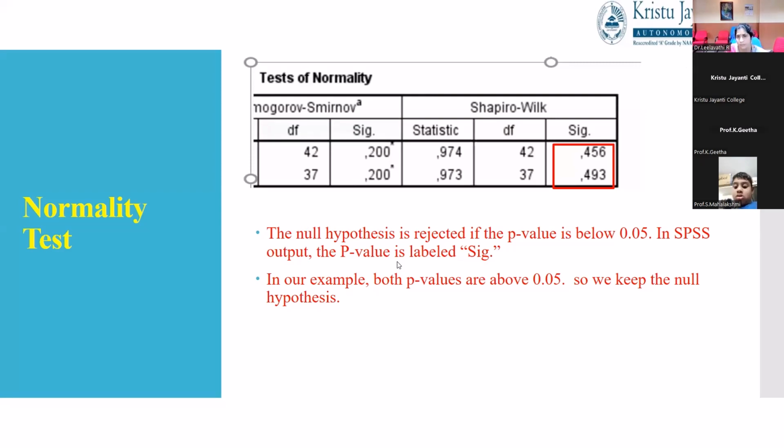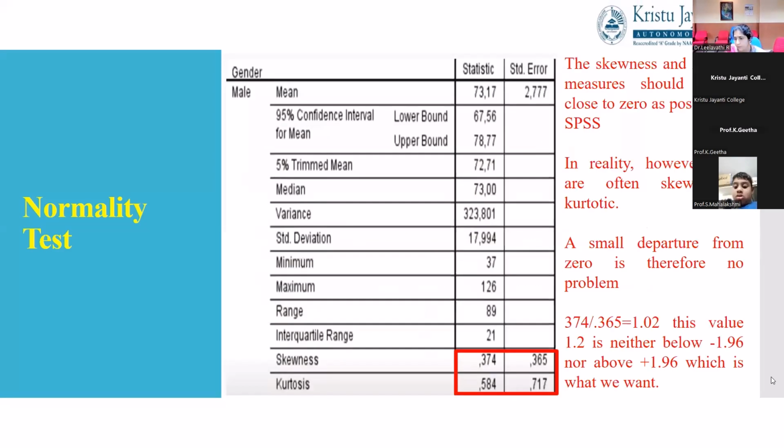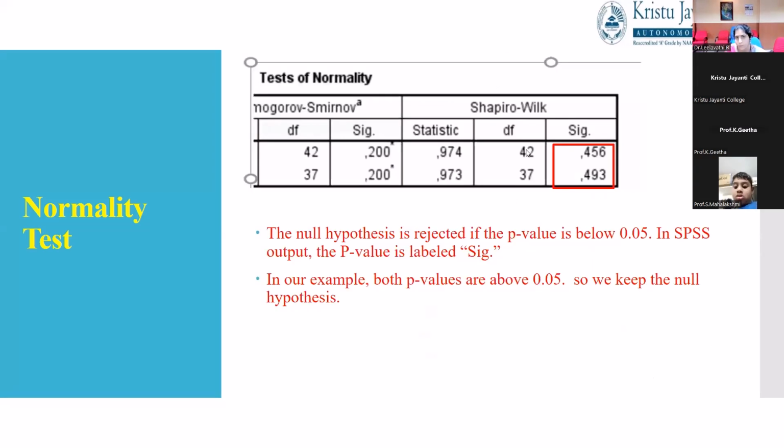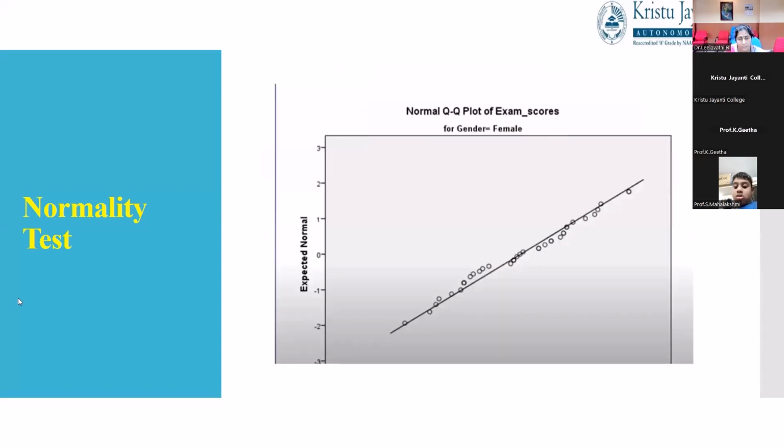So first, we are checking whether the values are within the range. That is the first confirmation. And second, we are checking the significance value. Here also it is within the range, so we are moving to the next. As I said, normality can be checked in two ways. The first is checking the statistical values, and the second is checking visually.